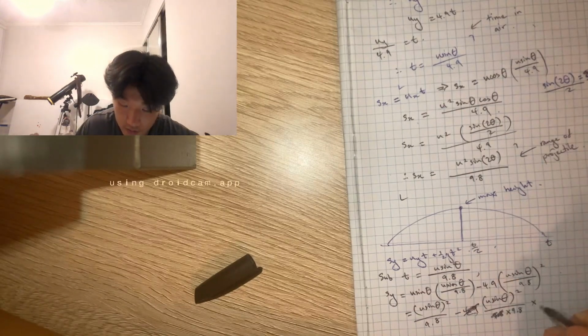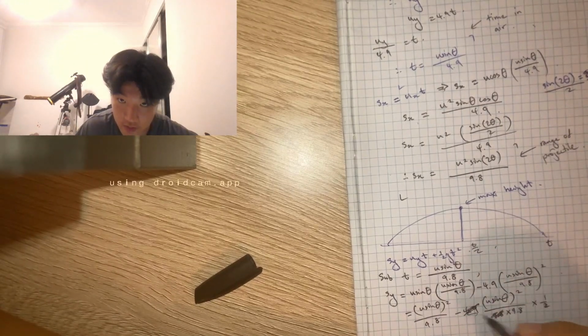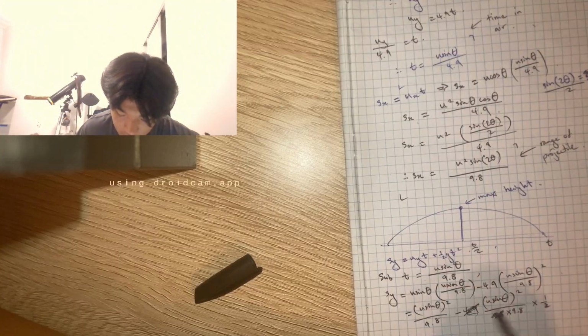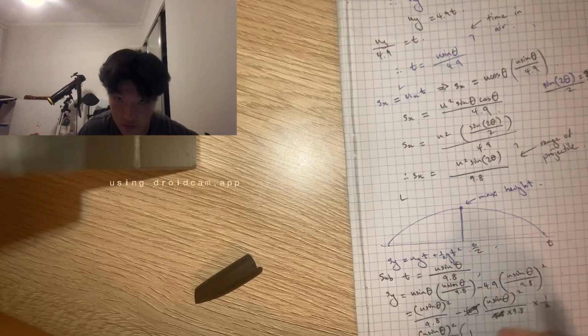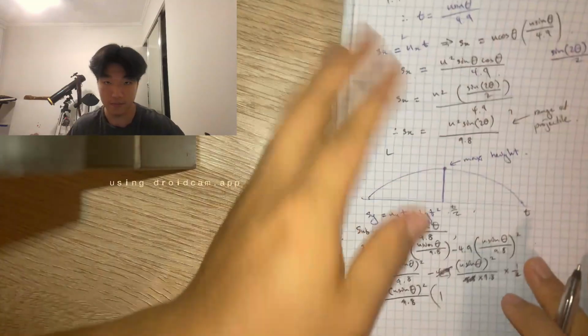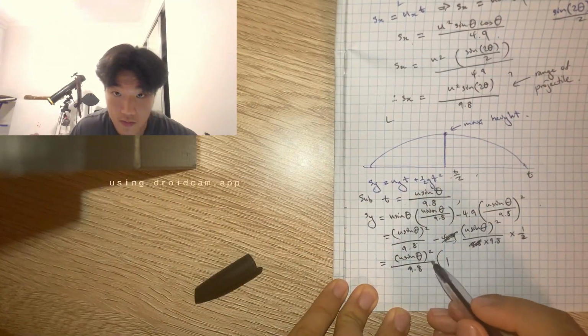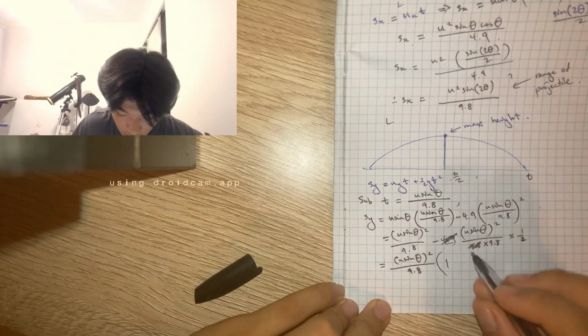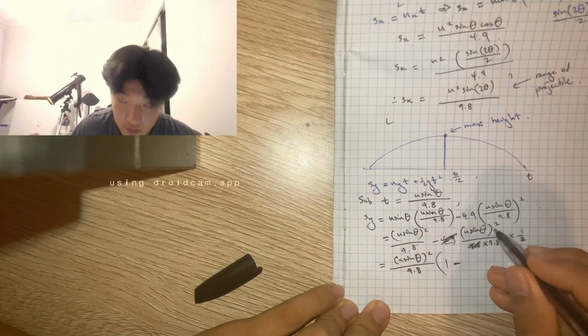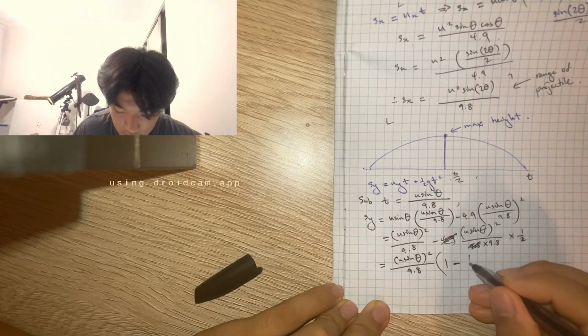So then I can write it at the back, actually, because there's not much space here. These are the same, so we can factor it out. So I'm factoring out u sine theta all squared over 9.8, and then that leaves 1 because it's the same term, right? So what happens here? Again, this is factored out, so it just leaves a half.